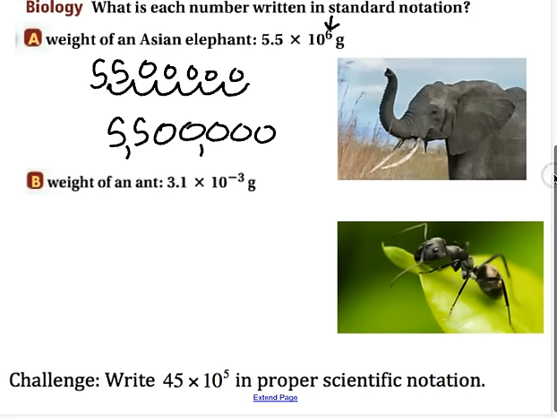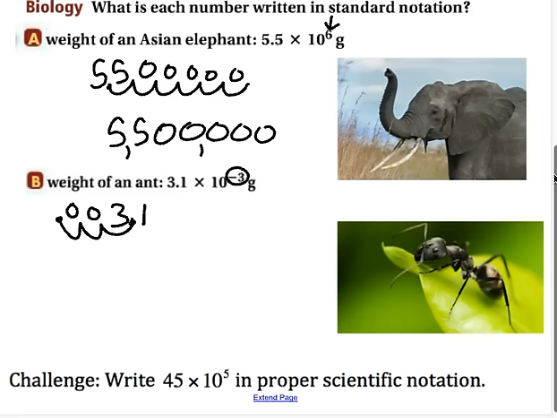In the reverse of that, this time I'm starting with 3.1. But this time it's a negative exponent. So when I'm putting it into standard form and have a negative exponent, it's going to move the decimal towards the negative direction on the number line. Okay? So I'm going to move this 1, 2, 3.